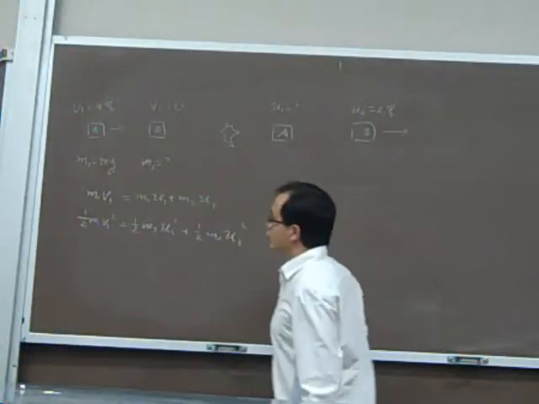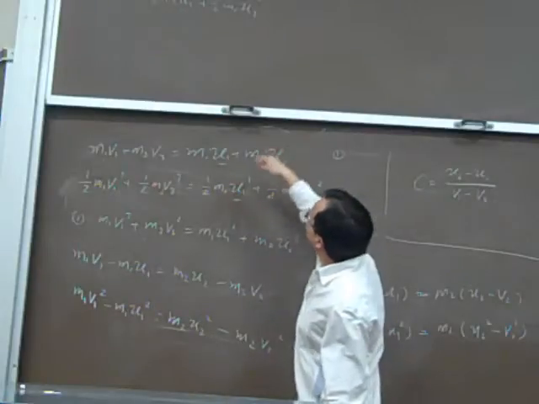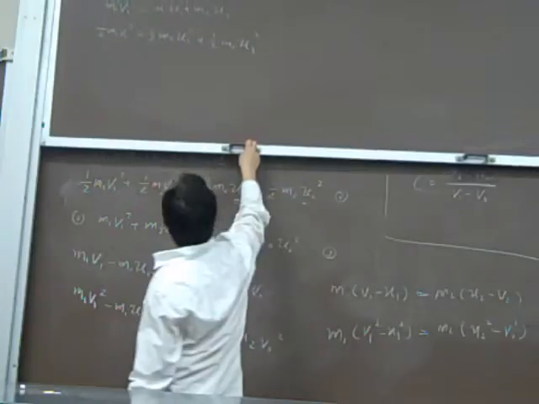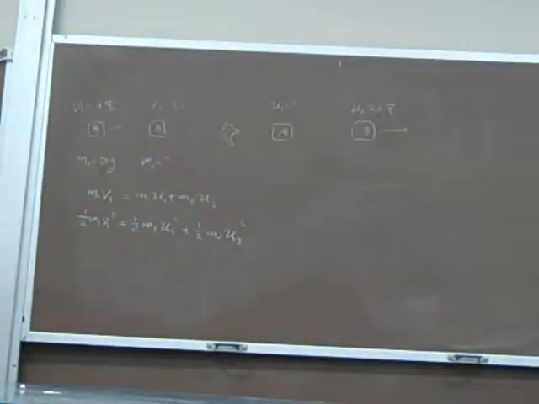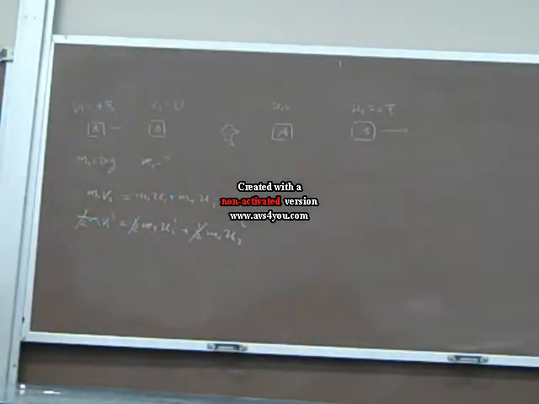Okay, that's the same thing because I have 0 velocity for V2, so I can simplify. Okay, any question here? And then again, you can cancel all the 1/2 here, so you don't have to worry about the 1/2.